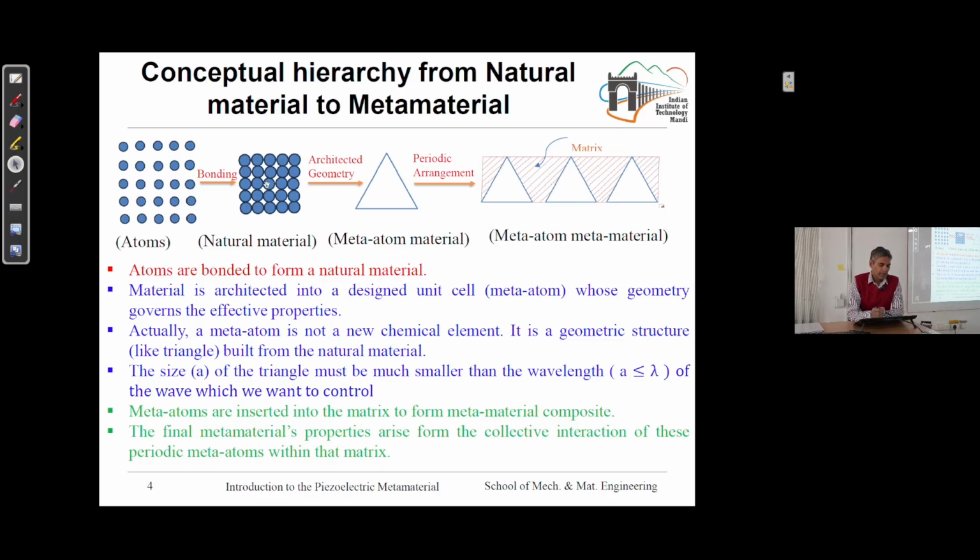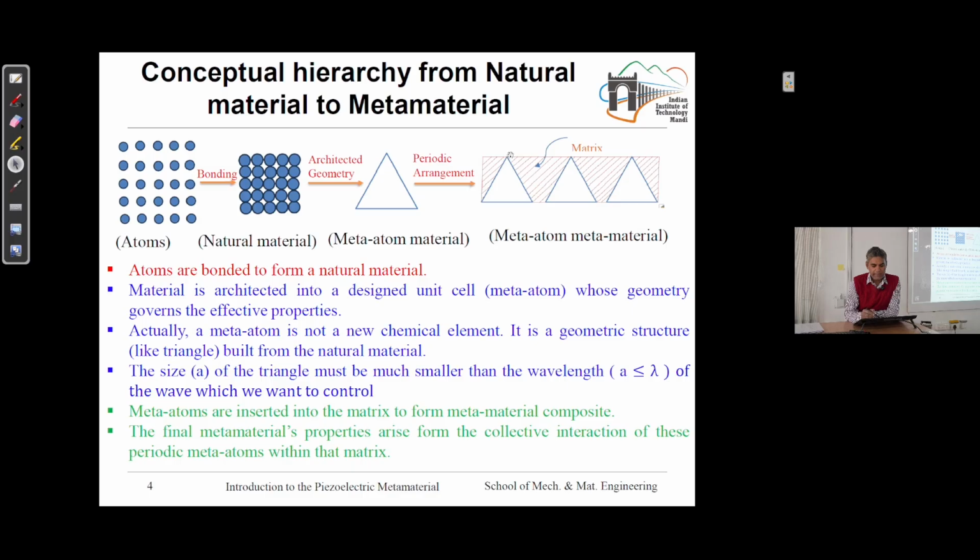Now, this material can be used to form a shape. That shape may be triangular. It may be a hollow triangular shape. And then we can arrange this material in the triangular form in a matrix.